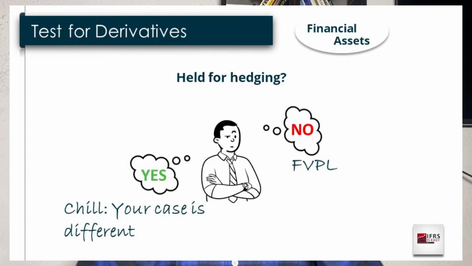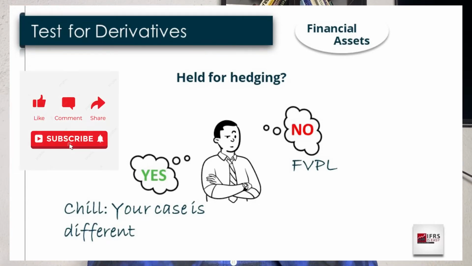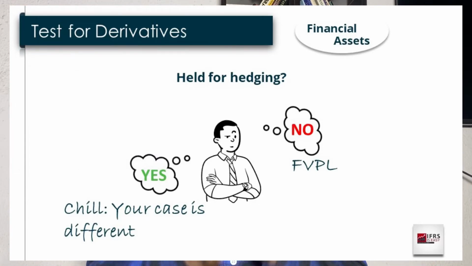The question is, is it held for hedging or not? If your answer is no, then IFRS 9 says just measure it as fair value through profit or loss. But if it is held for hedging, then we use what we call hedge accounting, as long as it meets the criteria for hedge accounting. So it is important that we ask this question before we classify and measure derivatives.